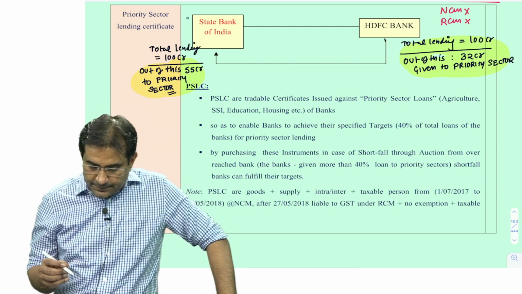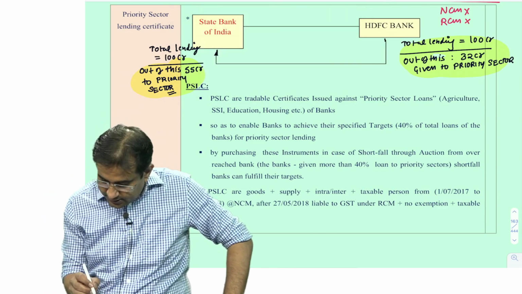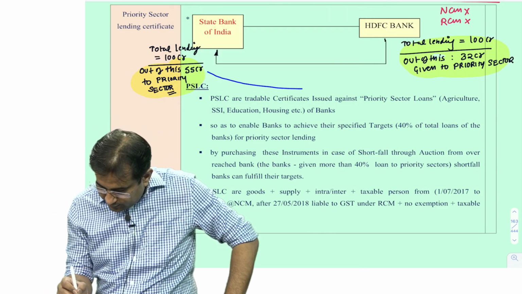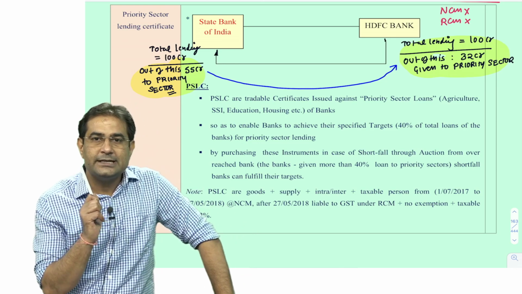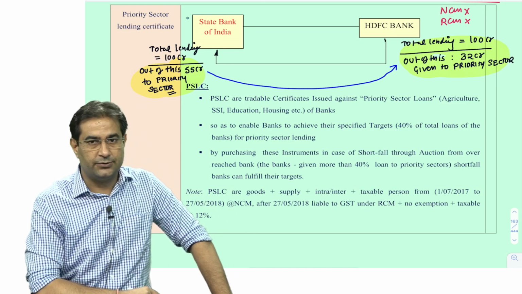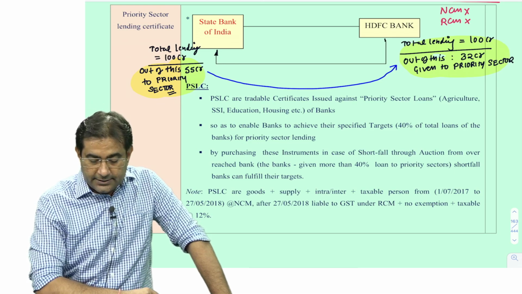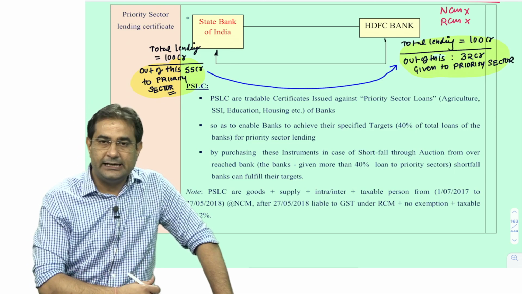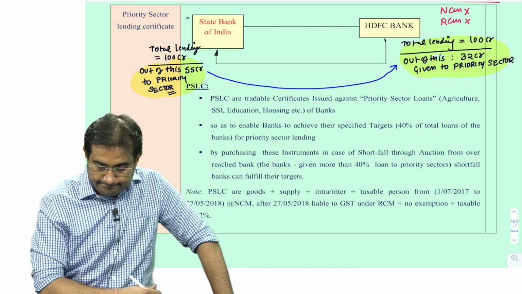So in such a particular situation, sir, now HDFC wants to buy a PSLC certificate of rupees 8 crore. Need of HDFC is just 8 crore. Whereas excess PSLC credit with the State Bank of India is how much?